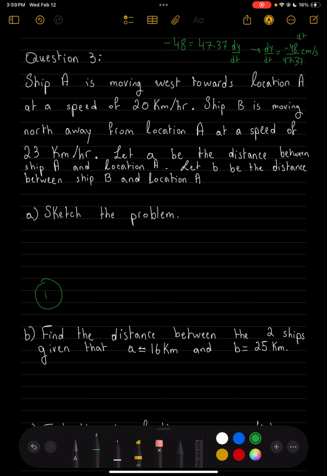let's say it's over here. Okay? And now let's say that ship A is over here and ship B is over here. Now they're telling me that ship A is moving west towards location A, so it's moving west towards location A at a speed of 20 kilometers per hour. Let's call it dx.